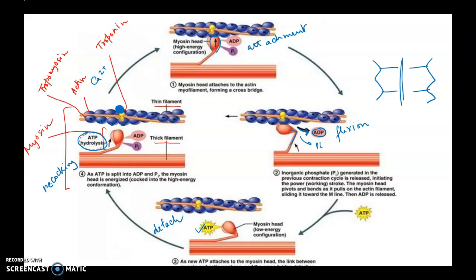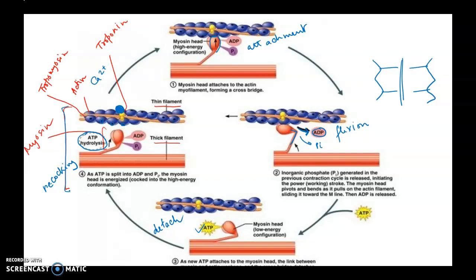We start here again, and in this segment we start at number 4, and here we see calcium coming in and binding to troponin, which are yellow colored proteins. Binding of calcium to troponin causes conformational change or shape change in tropomyosin, and the troponin-tropomyosin complex is removed, exposing the active sites on the actin proteins.